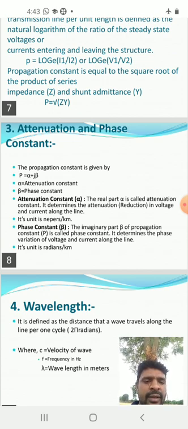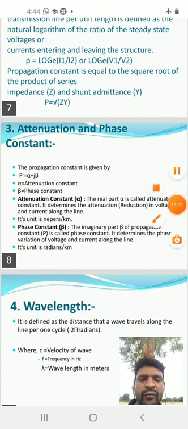That means any reduction of voltages or currents in a transmission line is called the attenuation constant. Its units are Nepers per kilometer.